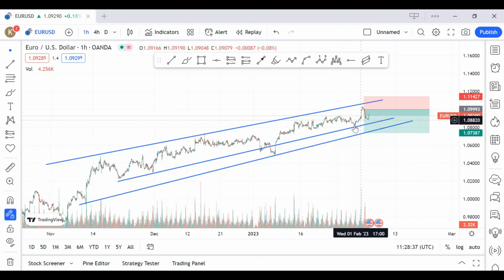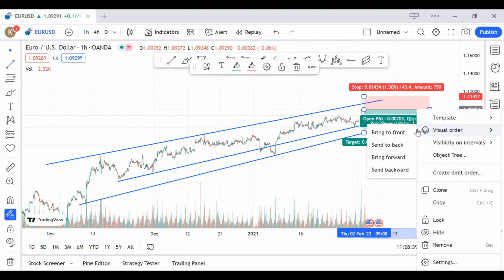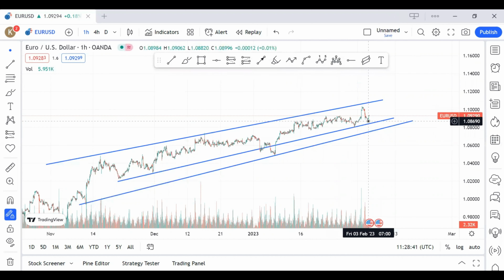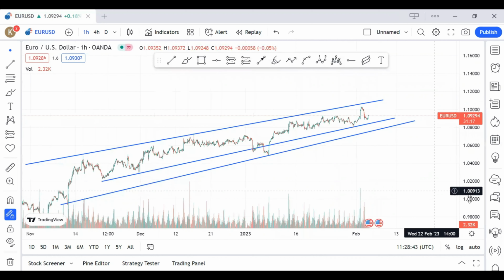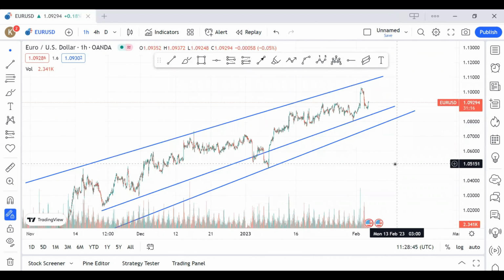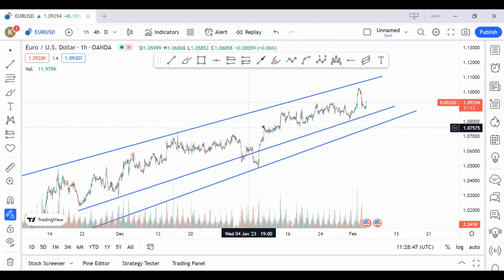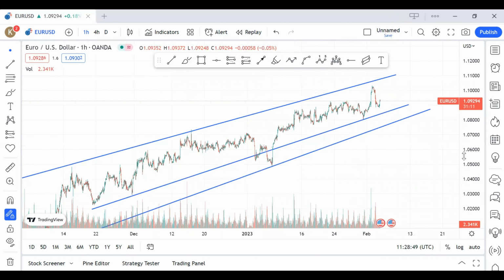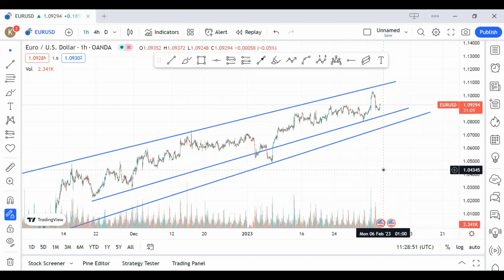But what happens when the market changes its direction at this level here? This is what I want to show you today guys, that whenever we do not see a proper market structure on the 1-hour time frame, we can actually move to 30 minutes or 15 minutes to see clearly what the market is trying to give us.